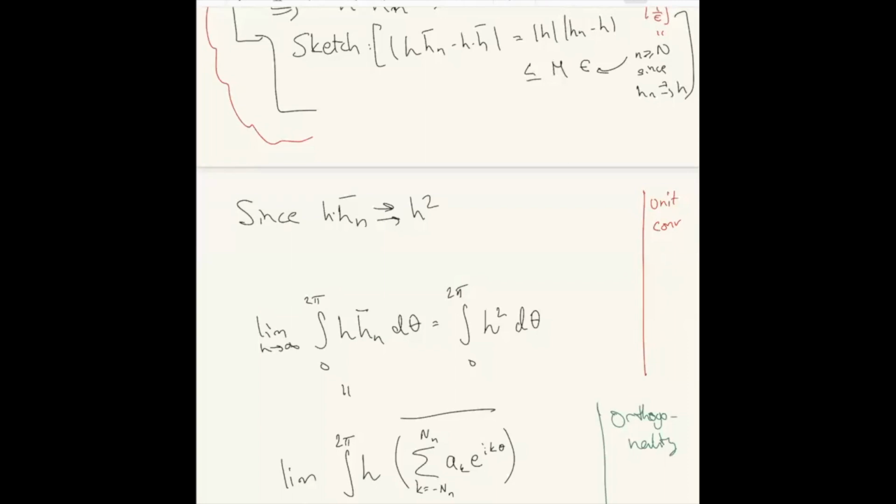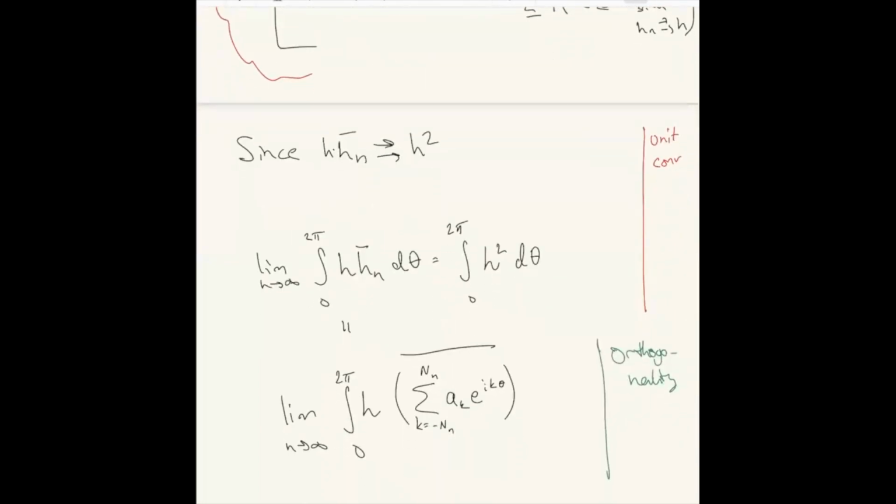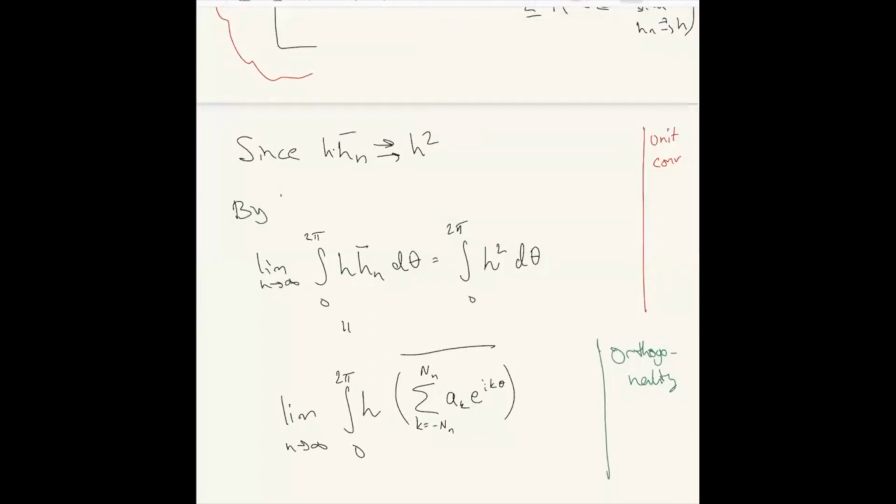Well, what does that give us then? Well, then, by theorem, we get that the integral from 0 to 2π of hn bar, where the limit is outside, is the same thing as taking the limit inside, because this thing here converges uniformly to that.